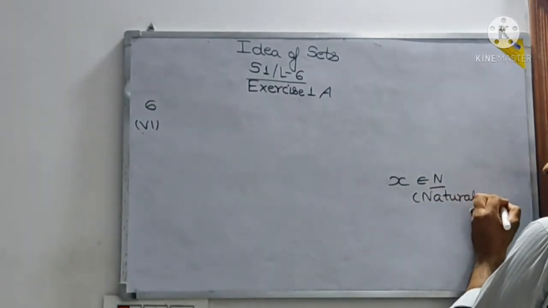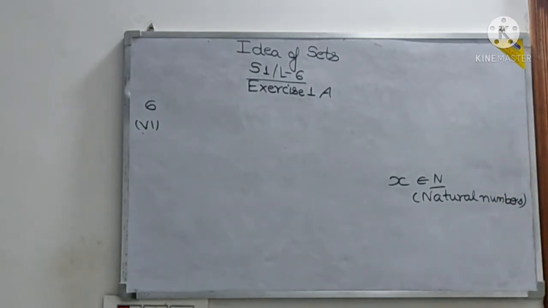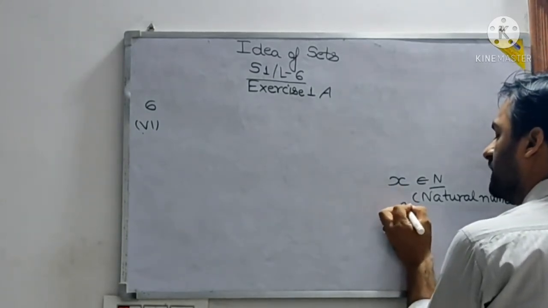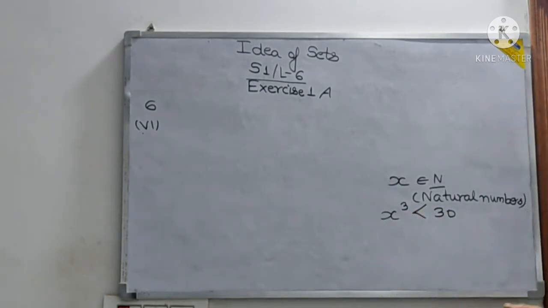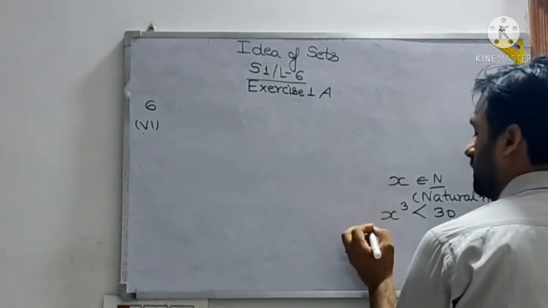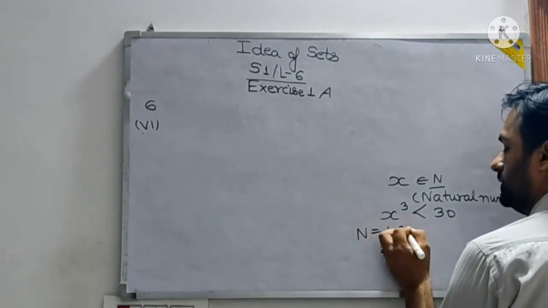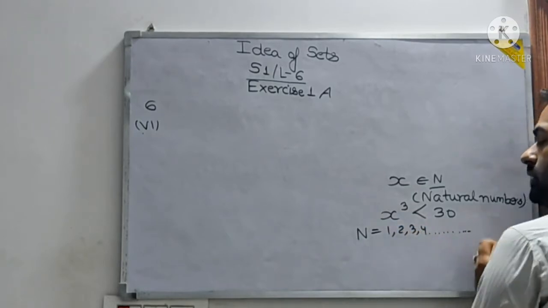Now it is telling x cube should be less than 30. Now you tell me, what are the natural numbers you can have? N equal to 1, 2, 3, 4, and so on.